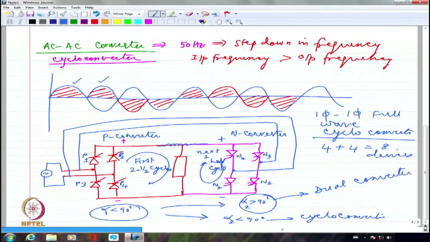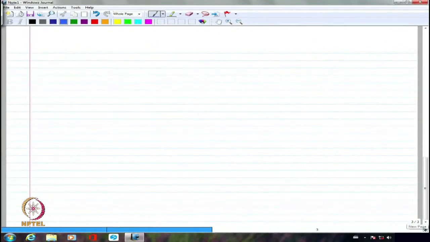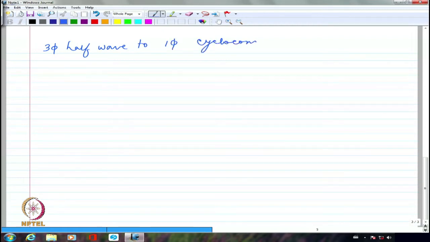Let us try to take a look at a 3-phase half wave to single phase cycloconverter. I am going to use a 3-phase half wave rectifier, which is hardly ever used. Just for continuity's sake, I am slowly increasing the complexity.